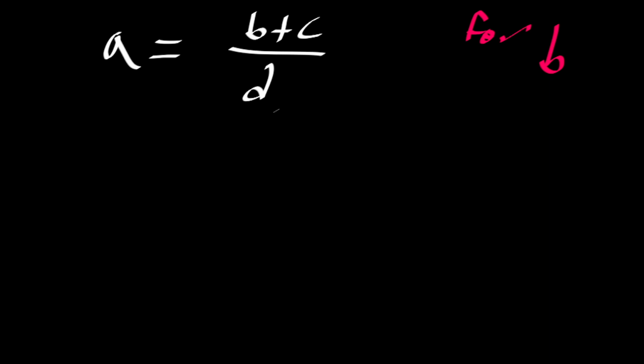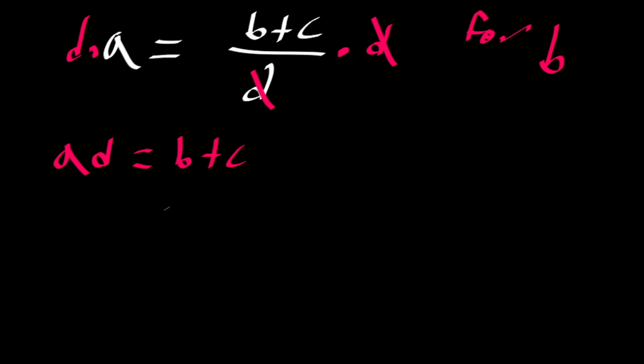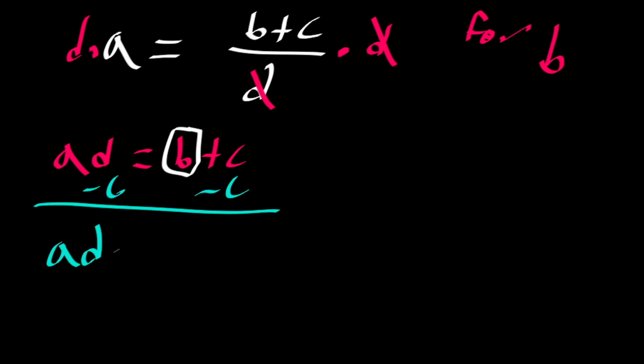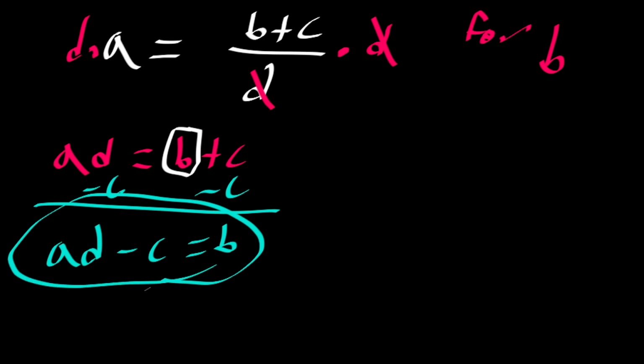All right, so now the first thing we need to do, this denominator is blocking the top. So we need to first multiply to get rid of the denominator. So we're going to say ad equals b plus c. So now, how would I get b by itself and get rid of this plus c? Well, the opposite of plus c would be minus c. So once again, you can see that as you get used to doing these, they actually get pretty quick.